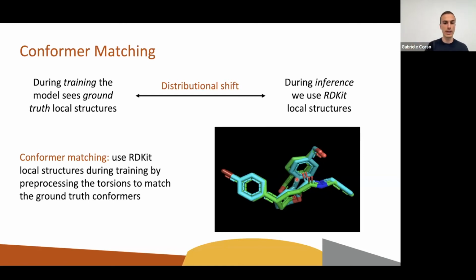Similarly, another way of seeing this is that the local structure is a sort of constraint or input to our score model, and different methods to compute the local structure might have different characteristics. From a machine learning standpoint, our method does not generalize across different local structures. This is something that we have seen empirically.